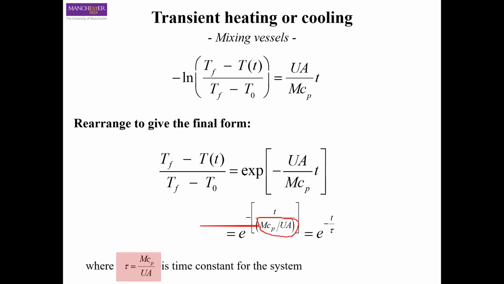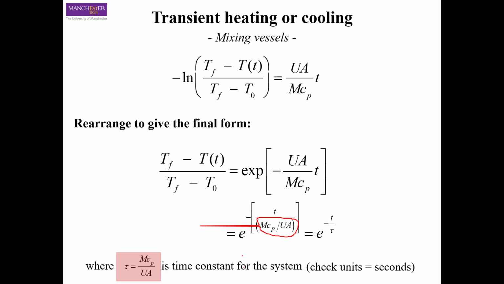You know what the fluid is, because the Cp depends on the fluid itself. You know what kind of heat exchanger you have, because U is constant here. And A, you also know the surface area of your reactor. By fixing these parameters, you can calculate tau, and if you have a fixed geometry and a fixed fluid, this tau will become constant.